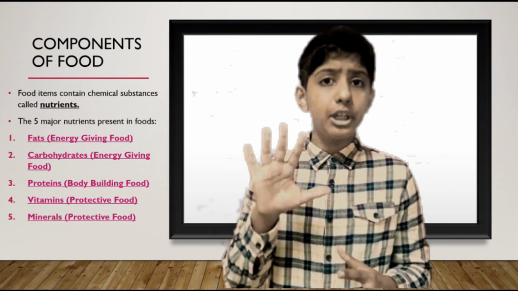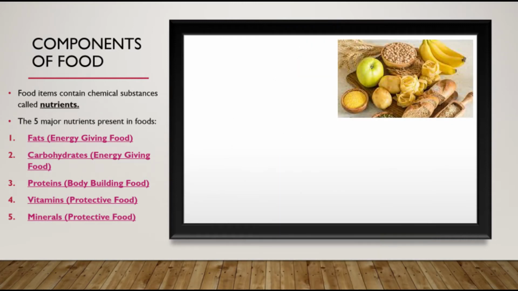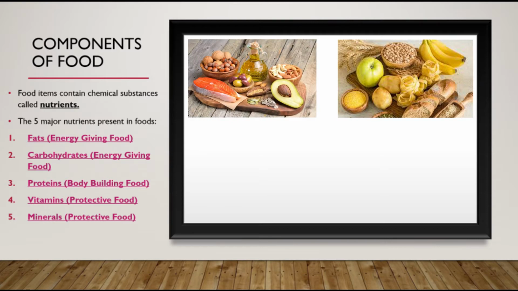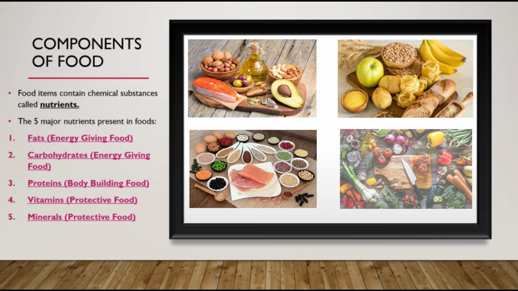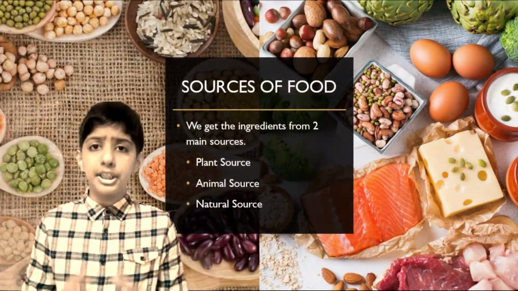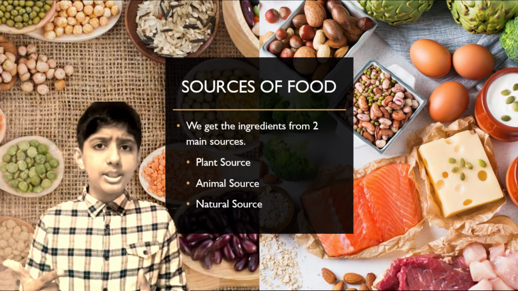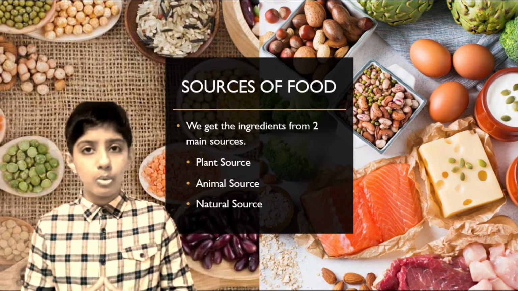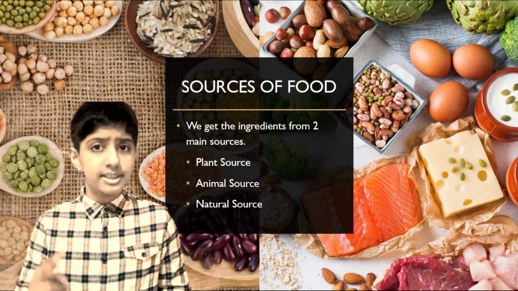The 5 major nutrients are carbohydrates, energy-giving food, fats, energy-giving food as well, proteins, body-building food, vitamins and minerals that are protective foods. We get the ingredients required to make a dish from 3 main sources: plant source, animal source and natural sources of food. But today we will be learning only about the 2 main sources, plant and animal sources of food.